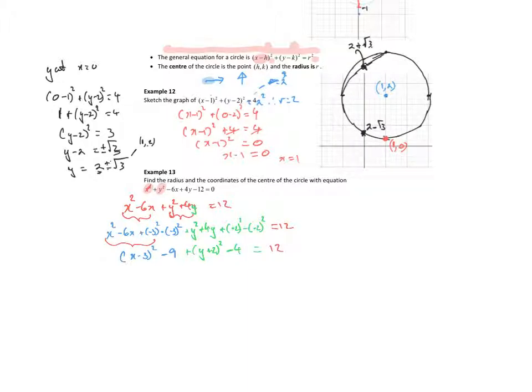Take the negative 9 and negative 4 across. I'm going to get (x minus 3) all squared plus (y plus 2) all squared equals 25. So my circle has a centre at (3, negative 2) and has a radius of 5.